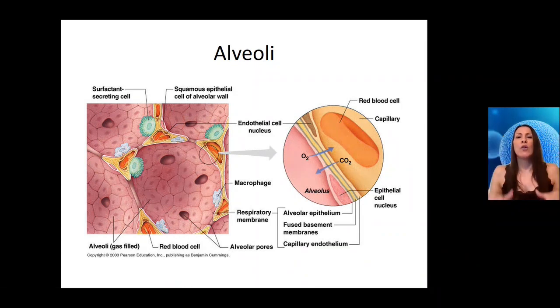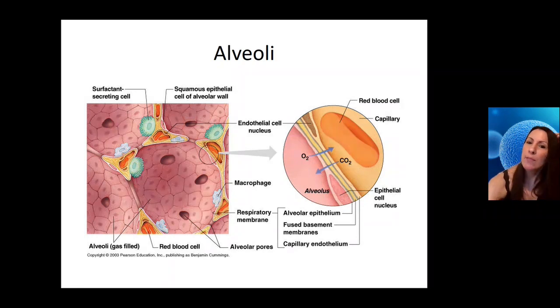So we have a high concentration of oxygen inside the alveoli of our lungs. Oxygen will naturally move from an area of high concentration to an area of low concentration.